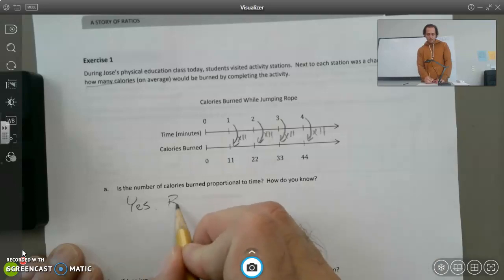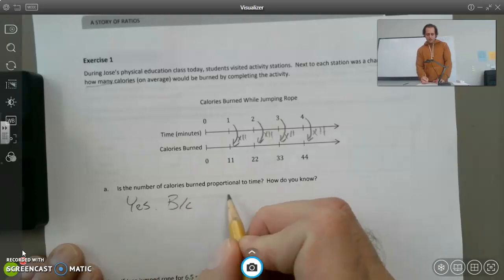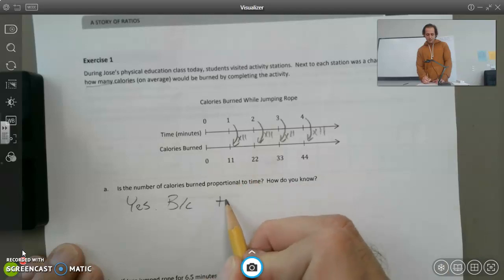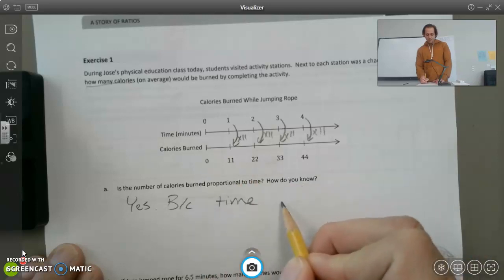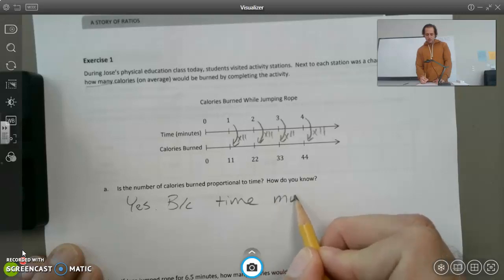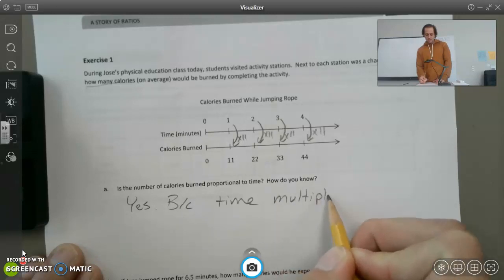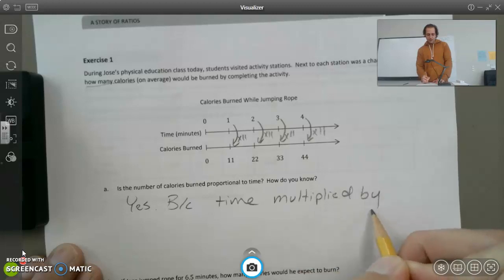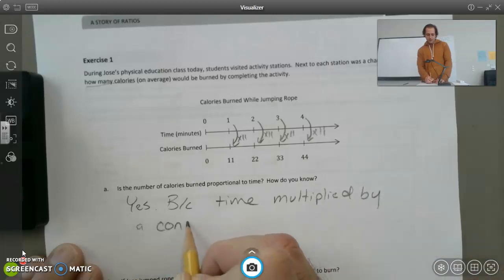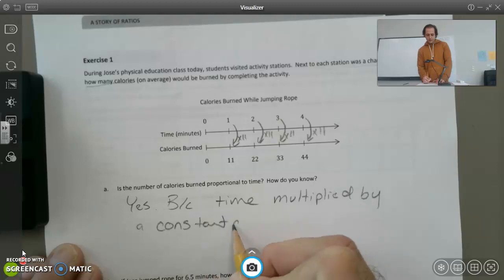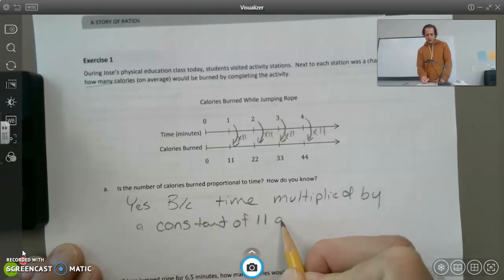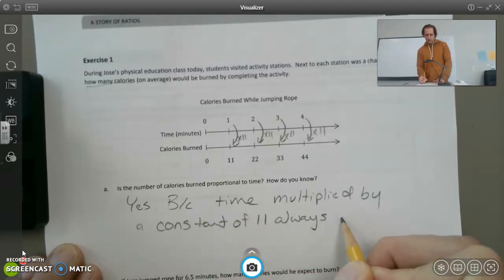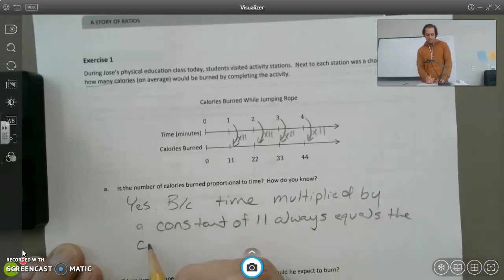And I would say that because the time multiplied by a constant of 11 always equals the calories burned.